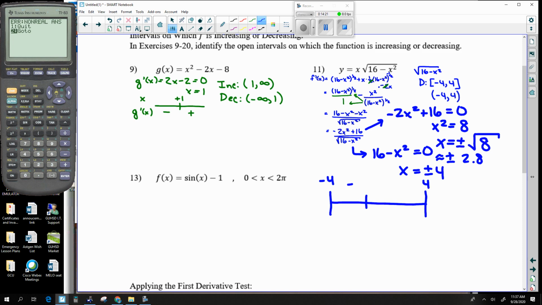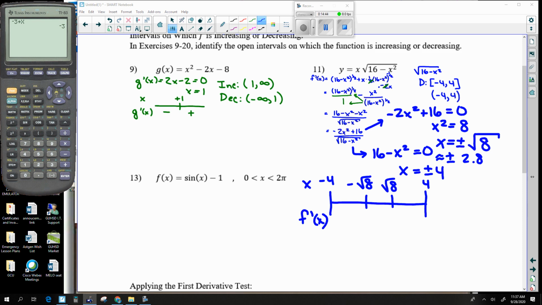And then we have the square roots of 8. I can't test outside, that's fine. Let's go with a number in between the negative root 8 and negative 4, like negative 3. That's in between the two.